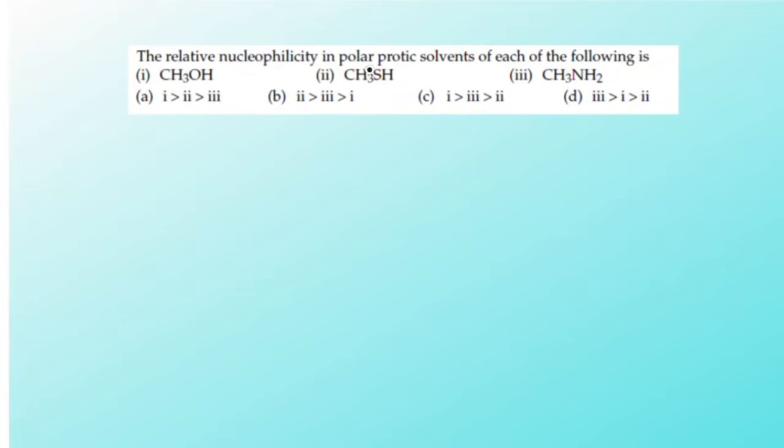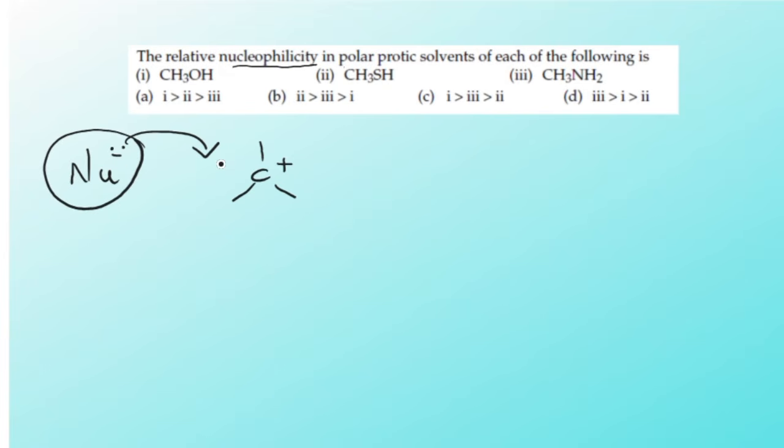The fourth question is based on the nucleophilicity of the given nucleophiles in polar protic solvents. Nucleophiles are electron-rich species which can donate the lone pair to electron-deficient centers. How easily it donates the lone pair to the electrophilic carbon decides its nucleophilicity.